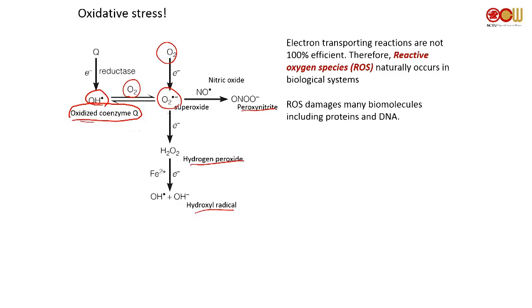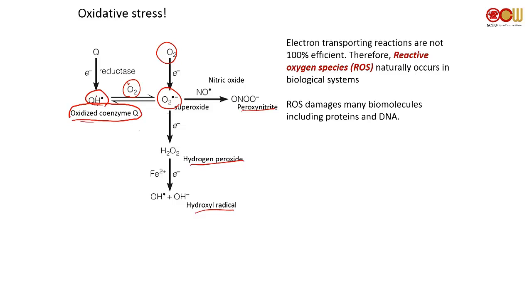Why? Because you have QH radical inside of your electron transport chain. You have oxygen inside of your electron transport chain. Okay, so both these guys are going to be found at around pretty similar locations. So they can react, okay, in a chemical reaction. This is not an enzymatic reaction.